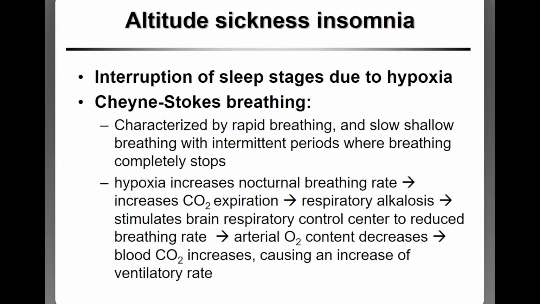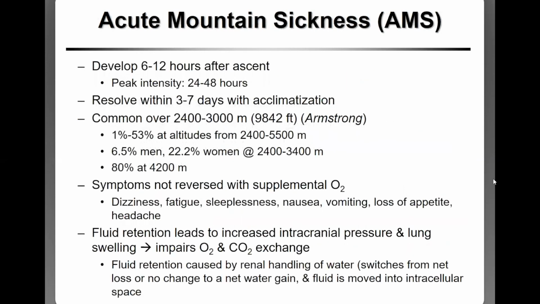And so it's a cycle of balancing O2 and CO2 partial pressures, which is causing the alternation of increased rapid breathing, slow shallow breathing, and then periods where breathing completely stops. So this is one of the causes of insomnia, as we saw with acute mountain sickness, and it does not allow for very restful sleep, as you can imagine, at altitude.